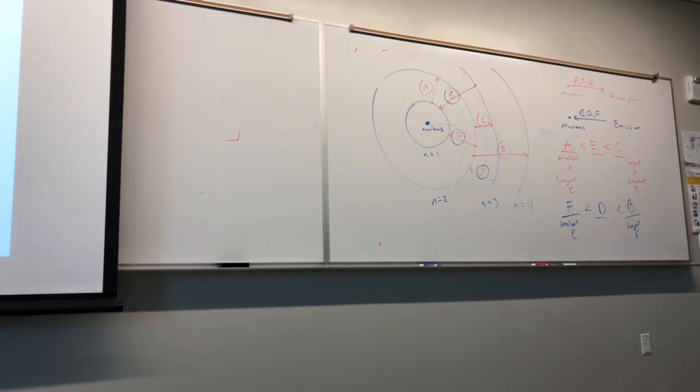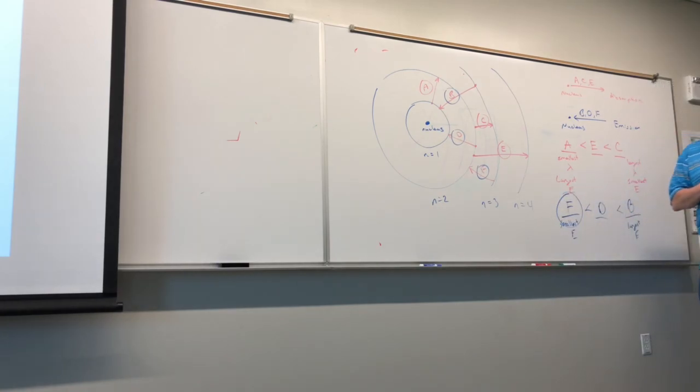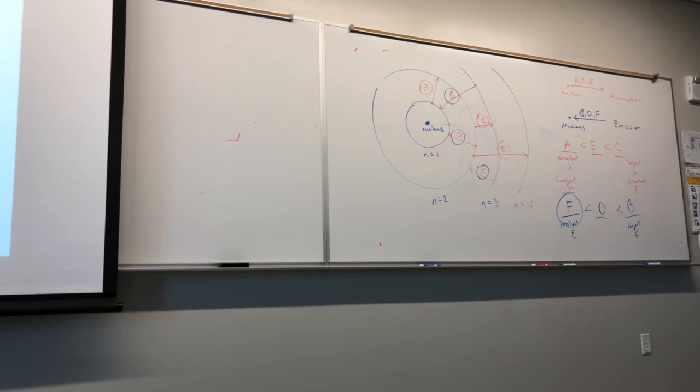If it ends up at shell 2, which one of those emissions is ending up in shell 2? That's a visible one. So which emission is ending at shell 2? It's F, okay?